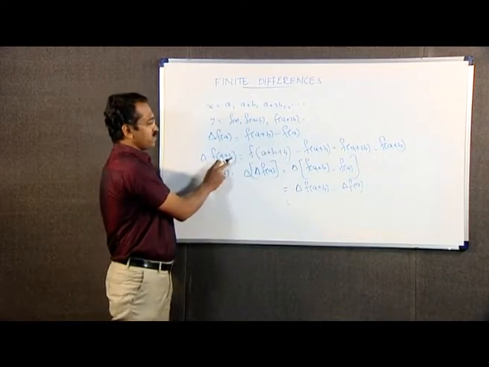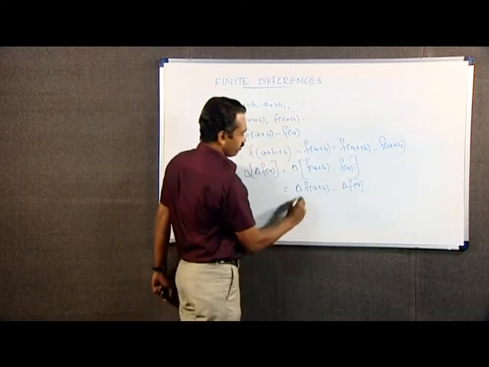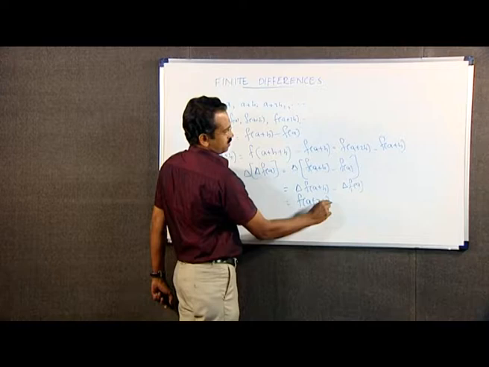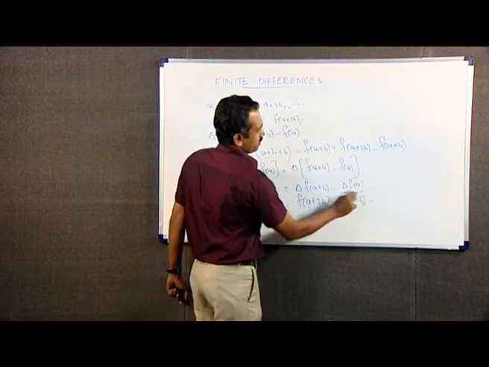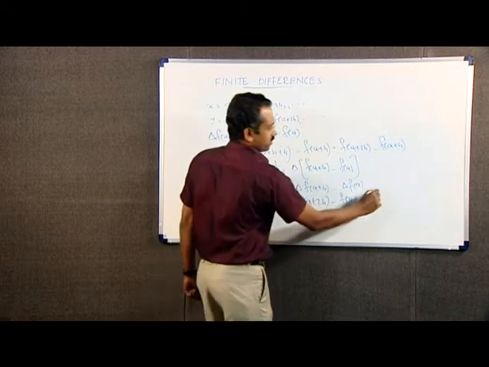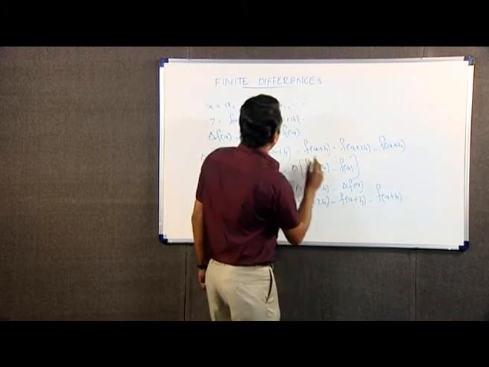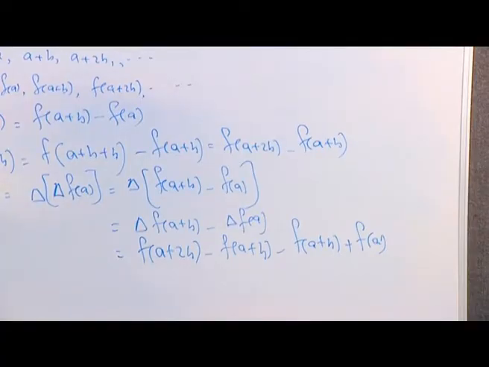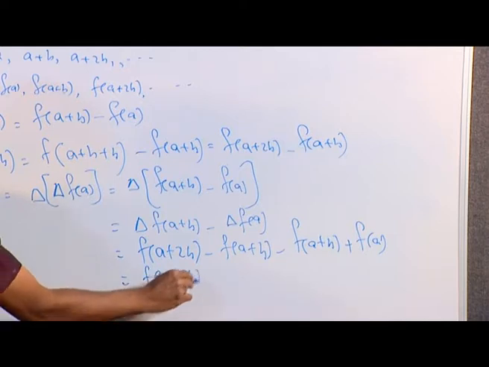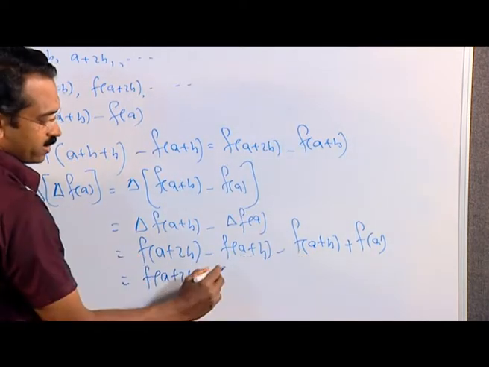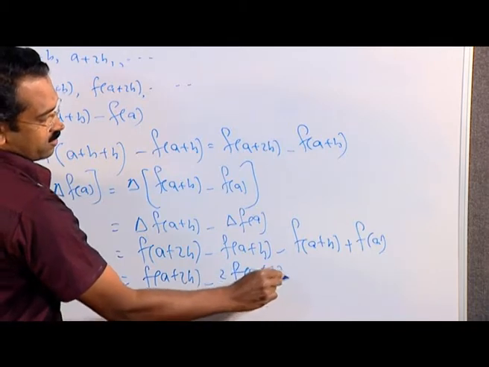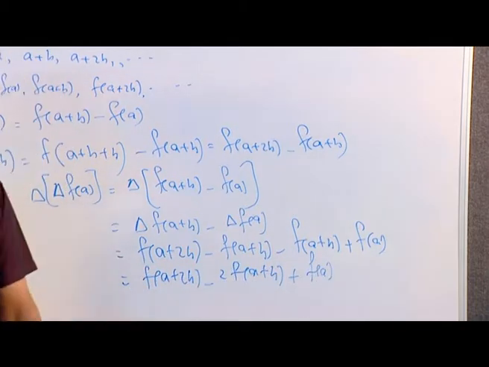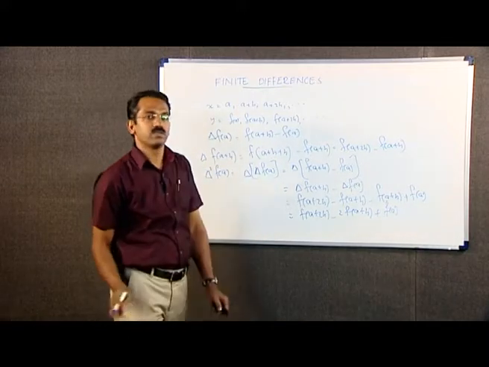But delta f of a plus h is f of a plus 2h minus f of a plus h, and delta f of a is f of a plus h minus f of a, minus of minus is plus f of a. That is equal to f of a plus 2h minus 2 times f of a plus h plus f of a. This is the second forward difference.